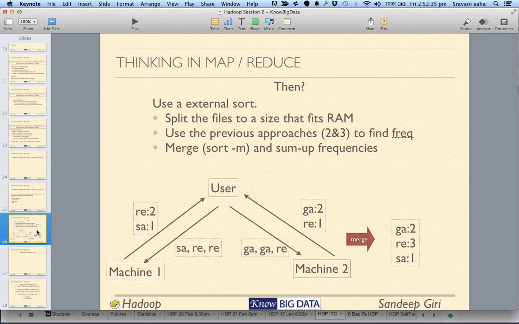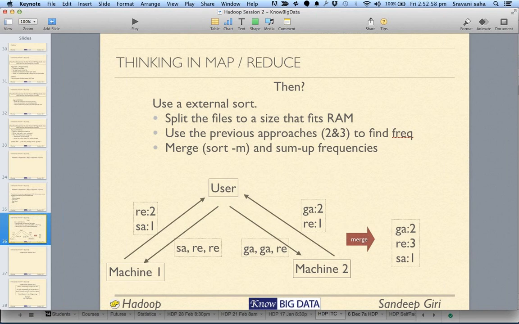We addressed the problem with the disk by adding more and more disks in parallel, and our RAM problem is also alleviated. But the problem of network is still there, meaning we have to transfer a lot of data over the network, right? So that is the problem still left.